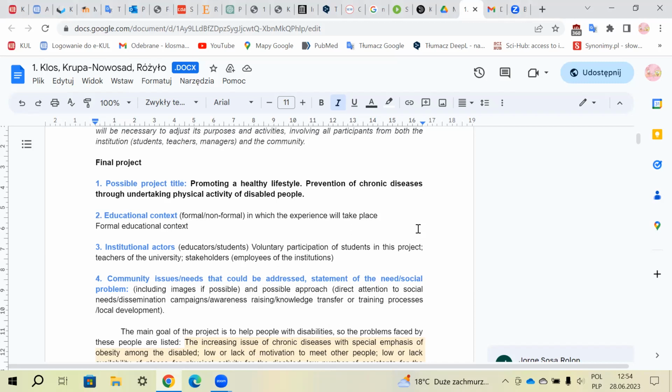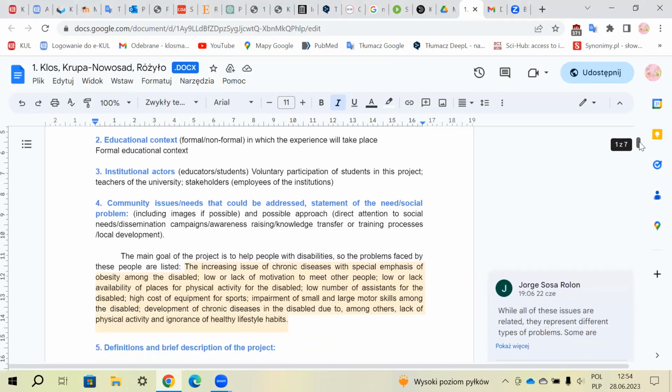So we mainly want one group, adult disabled people. Here we have institutional actors: many students, of course, volunteering, teachers from the university, and some stakeholders. I will show you in the next step.